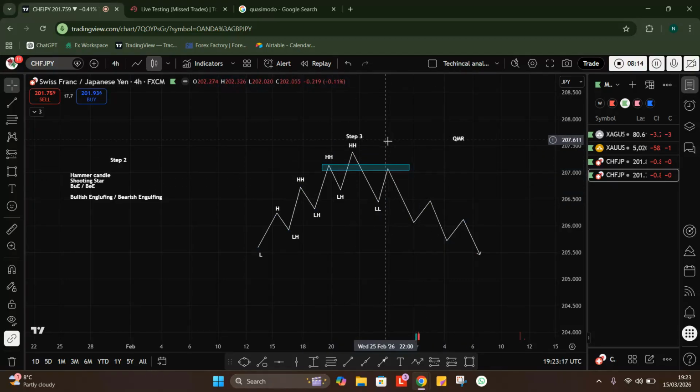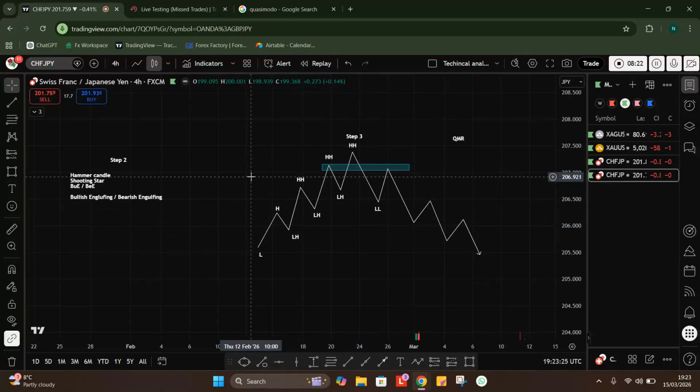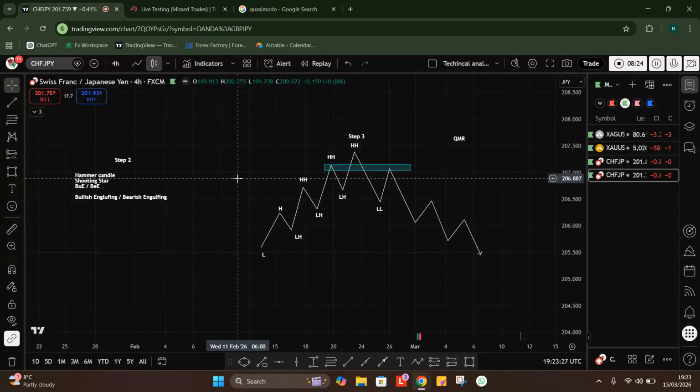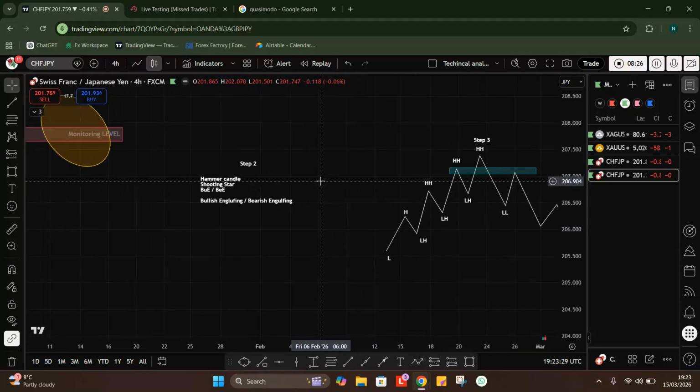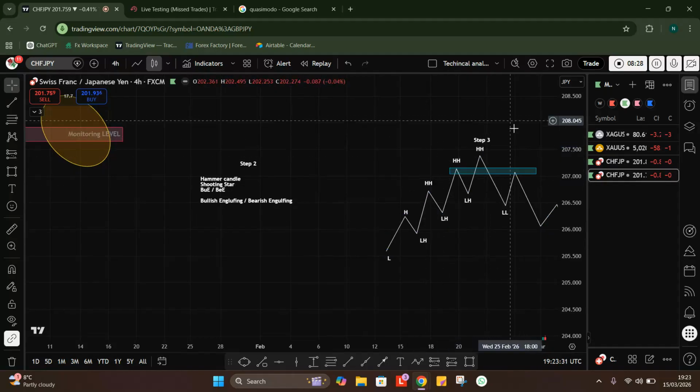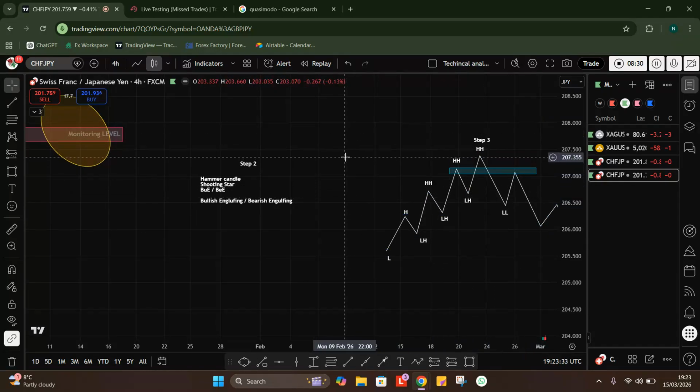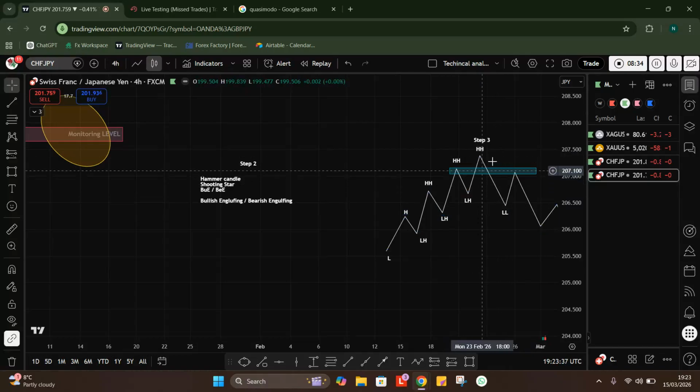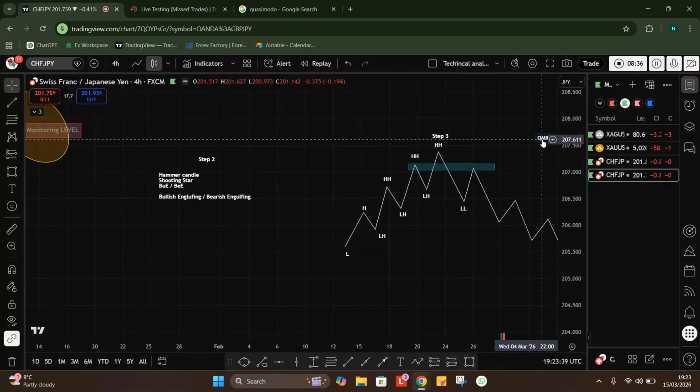That's usually how I find my entries. So my entries would be basically trading, if you trade head and shoulders, you're basically trading the right shoulder, but not exactly. I will explain in a second. I'm just going to go into step 2. Now, step 2, and it's basically before I start looking for this, I really would need to see, now this is a sell QMR, okay, Quasimodo reversal.